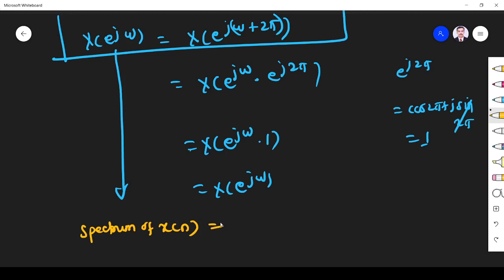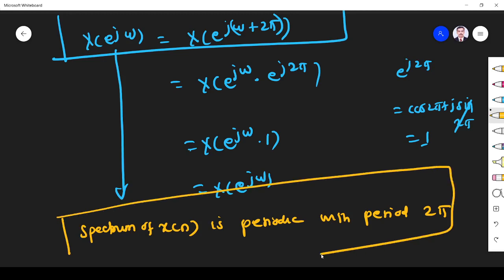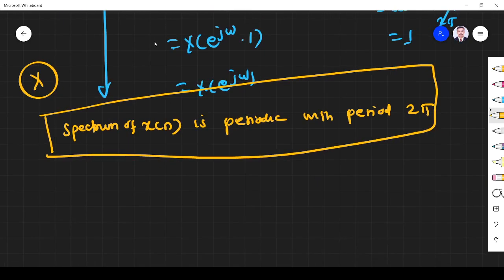So 2 pi, 4 pi, 6 pi, everything it will repeat. So the spectrum of e power j omega is periodic with period 2 pi. So the DTFT spectrum is periodic in nature. That is a very, very important point.